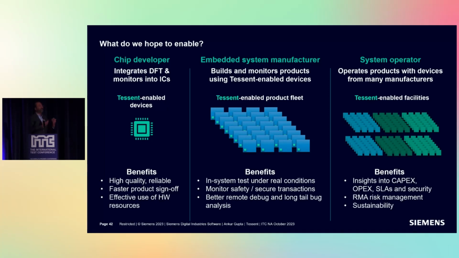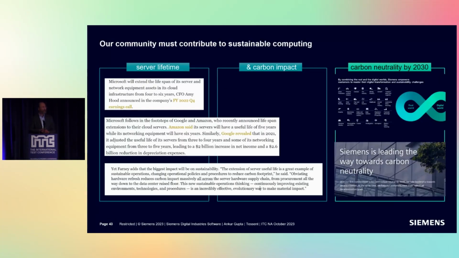So we should be able to enable you through these kind of product lines that I just described. And finally, this is all designed to help us get there in a sustainable manner, because our community does need to think about sustainable development from here on.